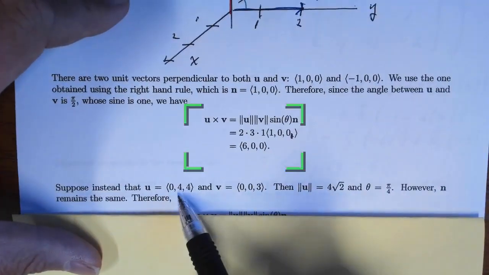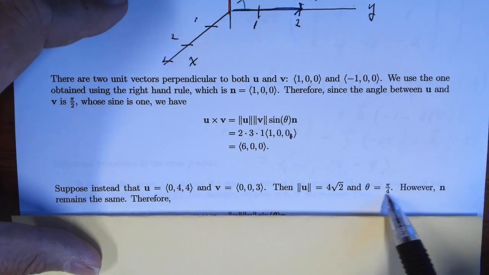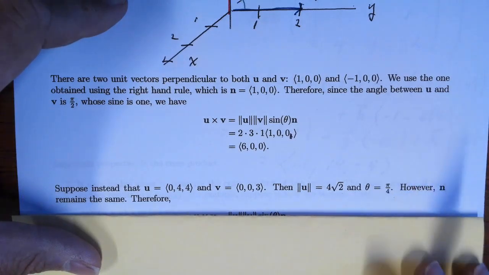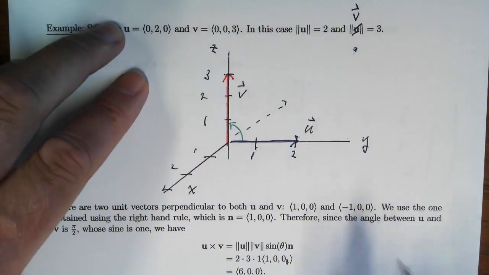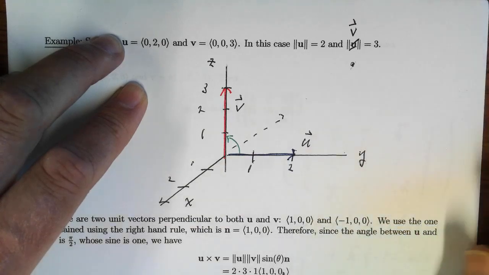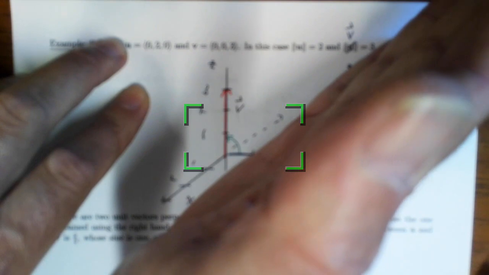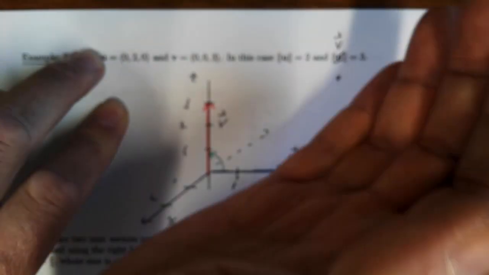The length of U is 4 root 2, and the angle separating U and V is pi over 4, but n remains the same because V is just pointing straight up in the zy plane. If I use the right-hand rule, putting my heel at the origin and my pinky along the vector ending at V, the right-hand rule dictates that the vector would still come straight out of the paper.